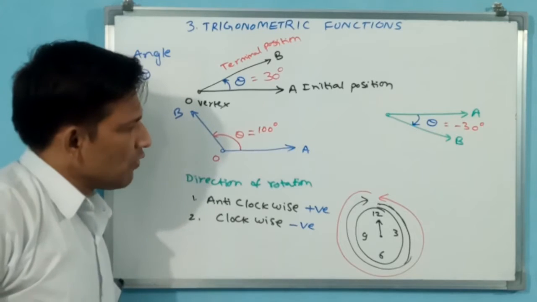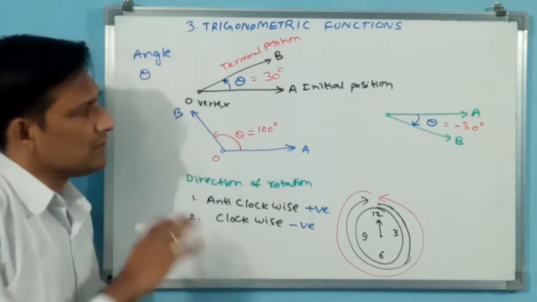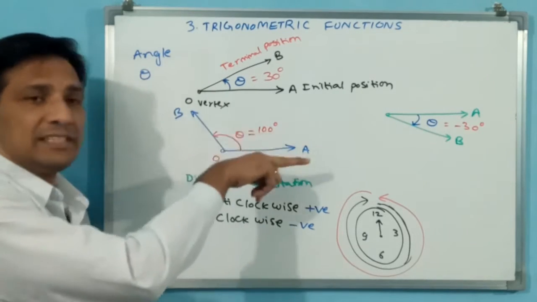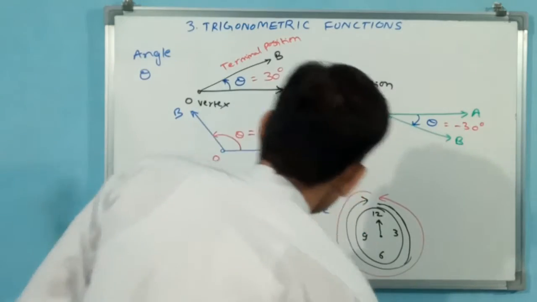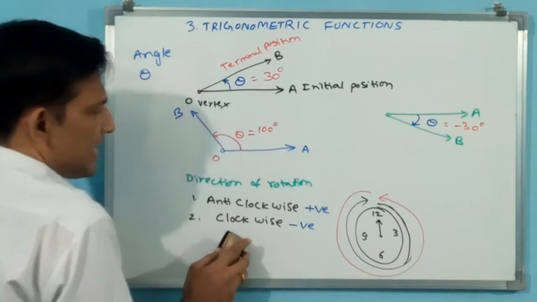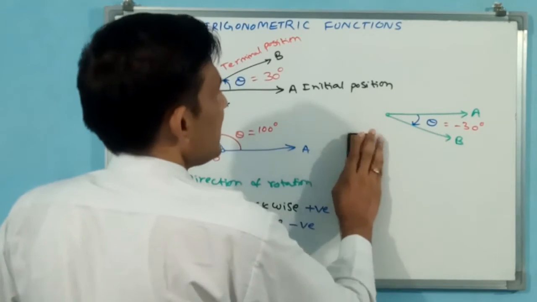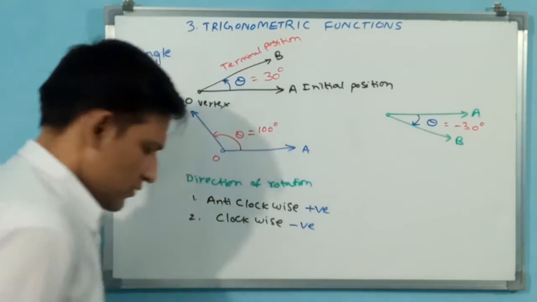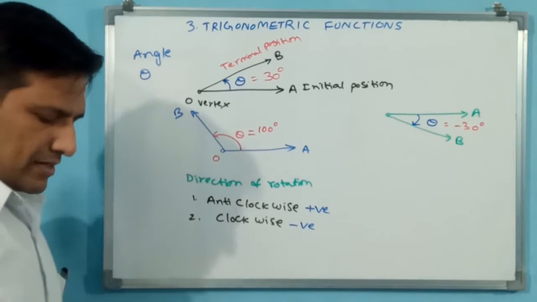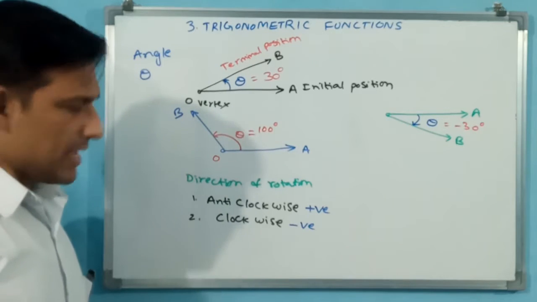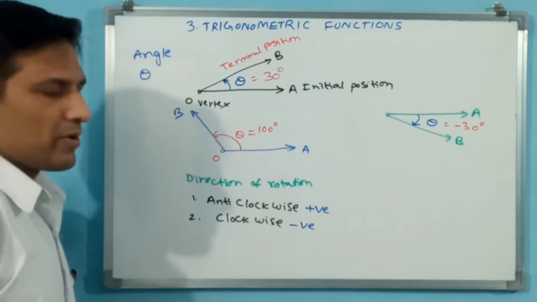Okay, now we draw more figures of these angles. Okay, angle we have to understand properly. See, anti-clockwise, clockwise, positive, and all we have already learned. Okay, now some more figures we will draw to understand these angles more elaborately.